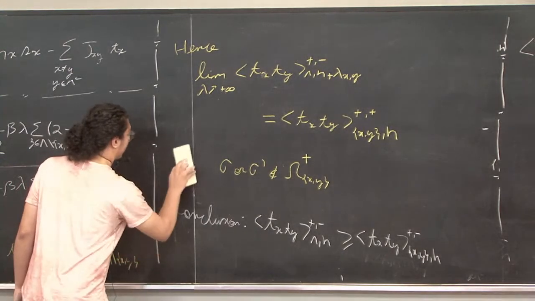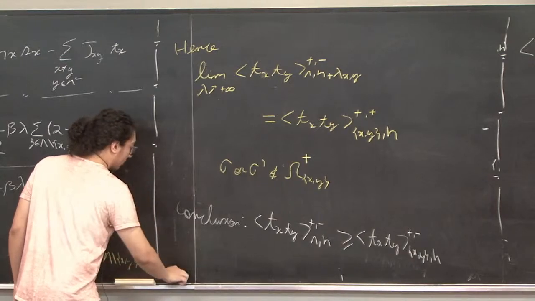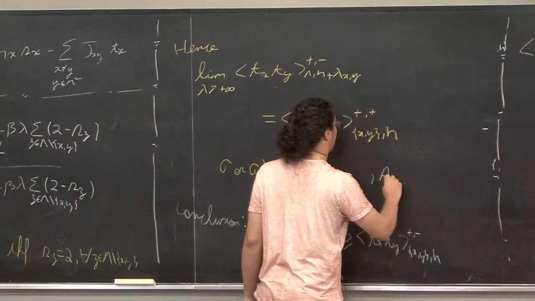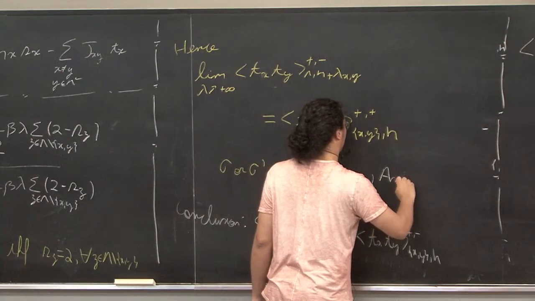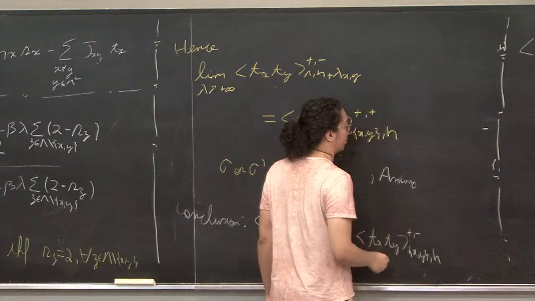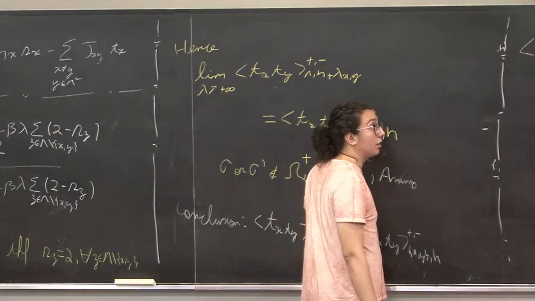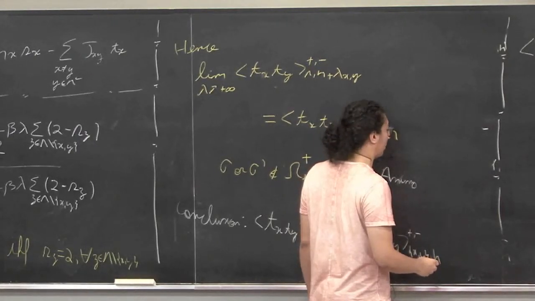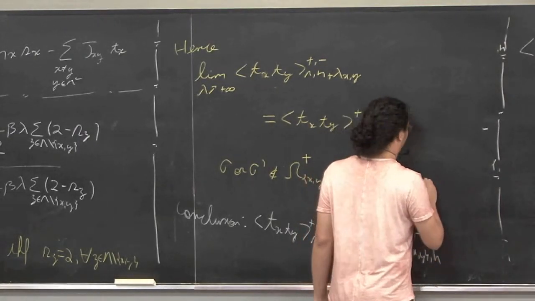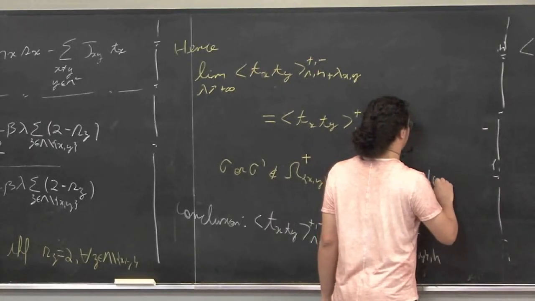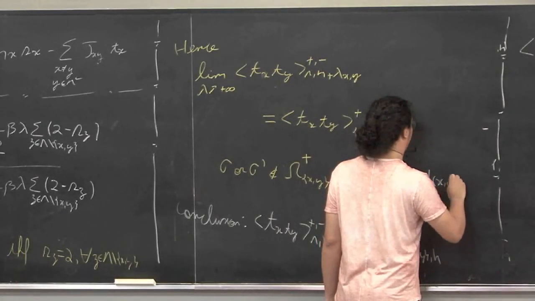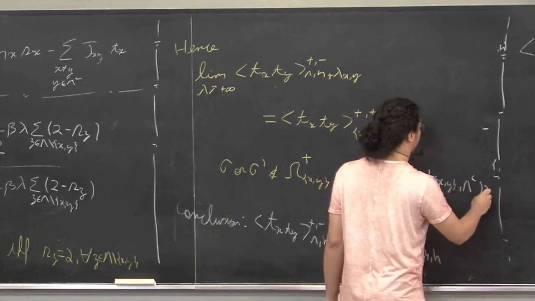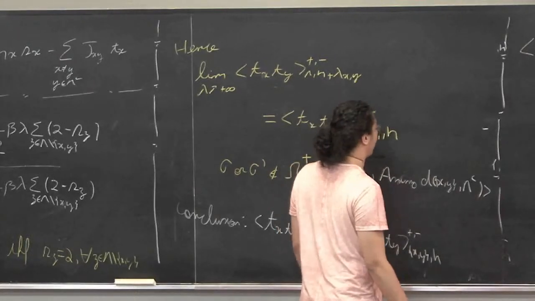Because lambda is arbitrary, let's assume that the distance of x and y to the complementary is large.